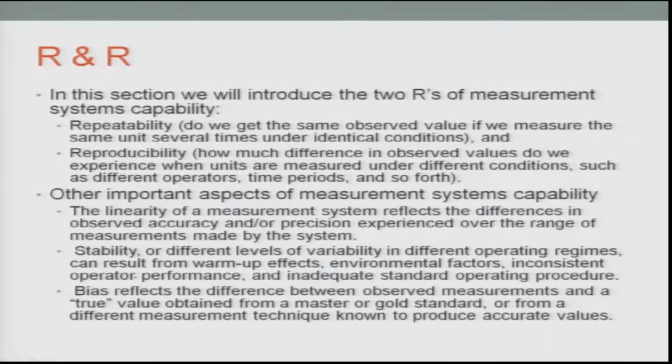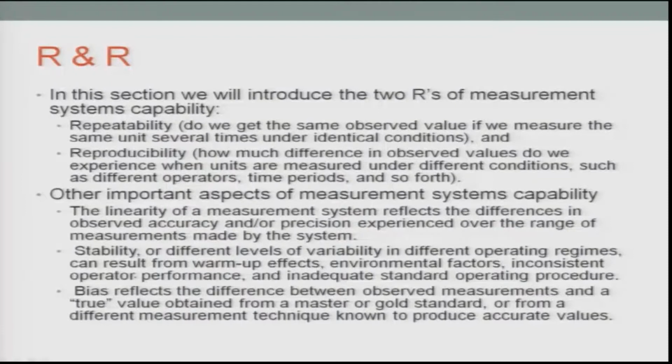Repeatability means that we get the same observed values if we measure the same unit several times under identical conditions. Point number 2, reproducibility, means how much difference in observed values do we experience when units are measured continuously under different conditions such as different operators, time periods, and so on and so forth.